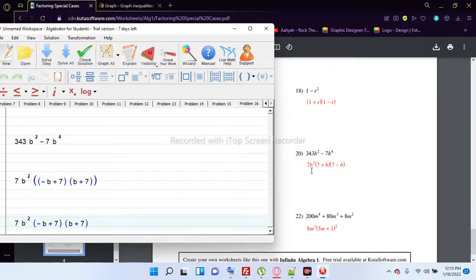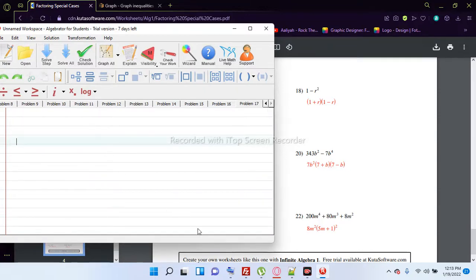Seven b squared. No wonder, right here: double parentheses. Okay, let's try this over again because it shouldn't have double parentheses. Negative b minus 7b. 343b squared.